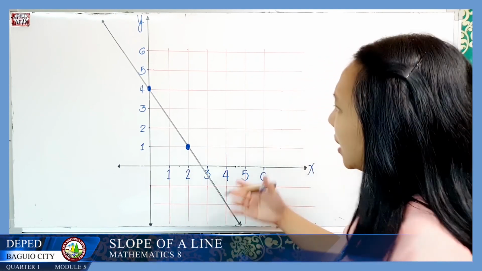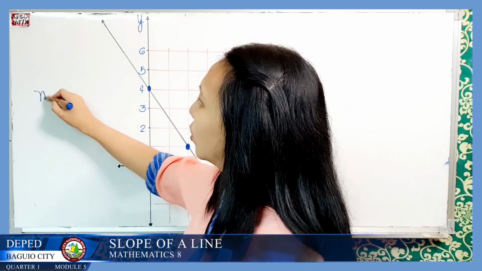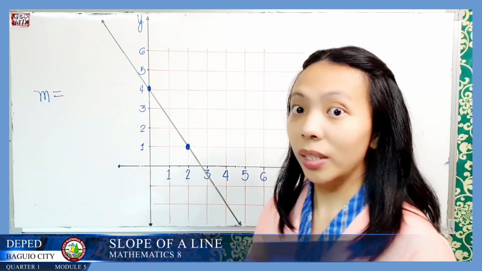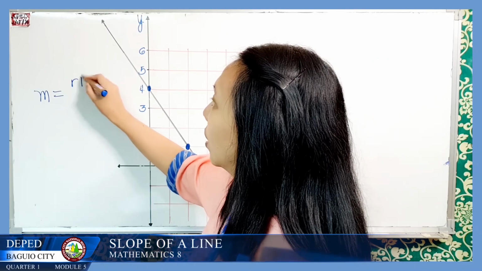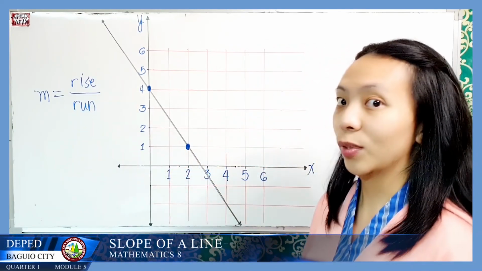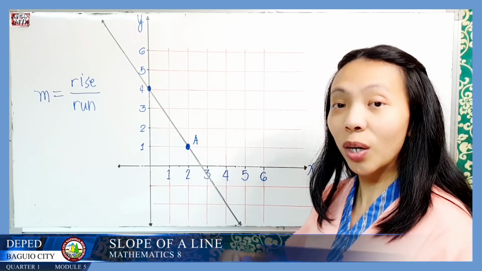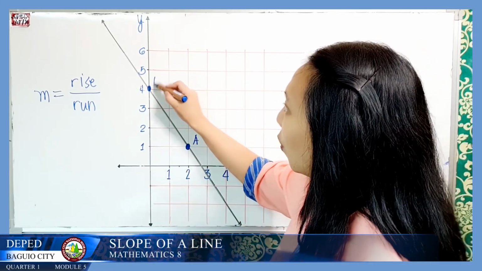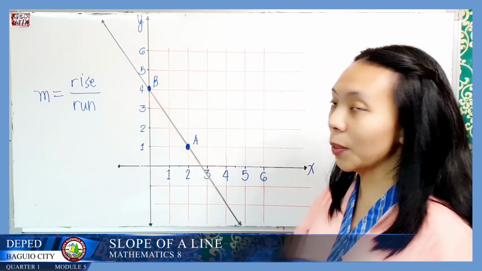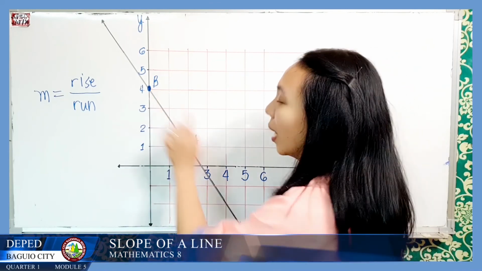Now, since we are given the graph of the line, we are going to make use of m is equal to rise over run. So, from point A, we are going to travel to point B using the concept of rise over run. However, we cannot do that diagonally.